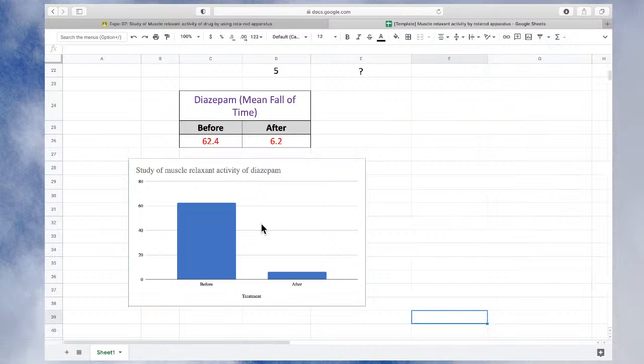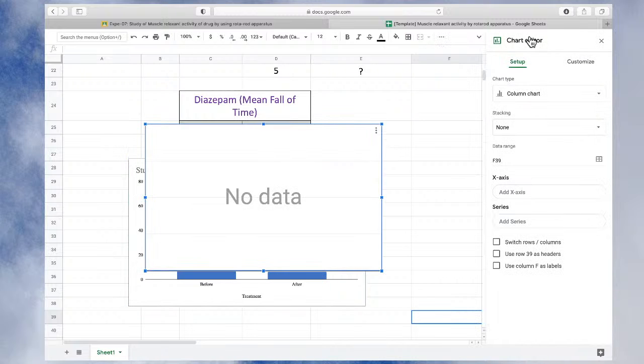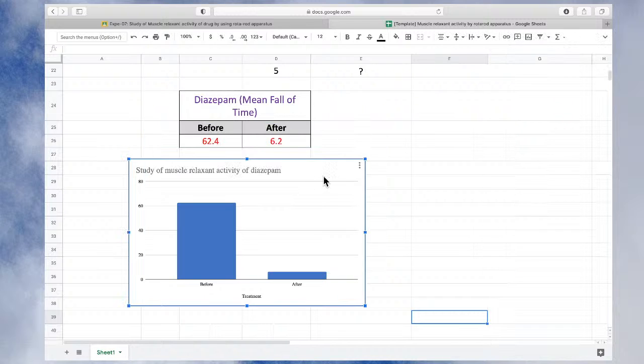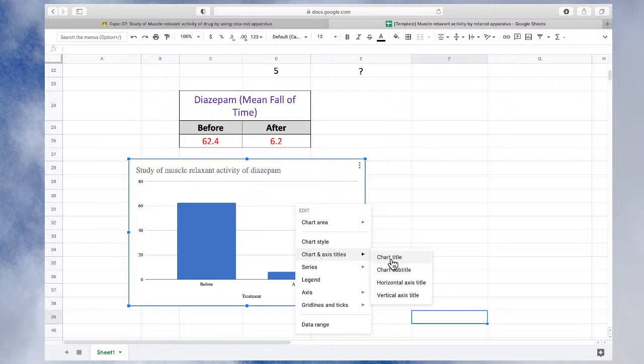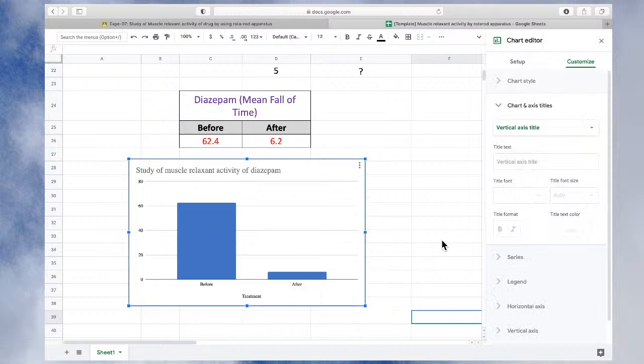Now I need to select the y-axis. Okay, so the y-axis is the vertical axis. You can see I have now selected the vertical axis.